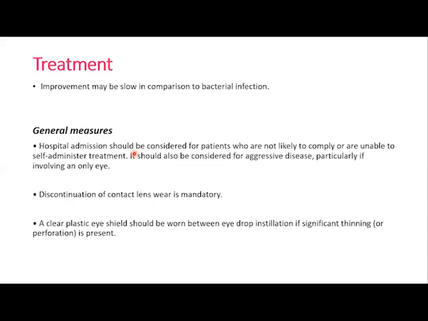Suppose the ulcer heals with a lot of scarring and the patient has visual disability even after that, then to treat the visual disability we have to do an optical penetrating keratoplasty 6 months after the ulcer heals. Sometimes the patient can develop cataract because of the inflammation, so we may have to do a cataract surgery that can be planned 6 months after the ulcer heals.